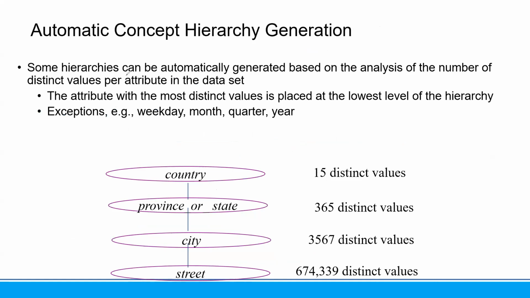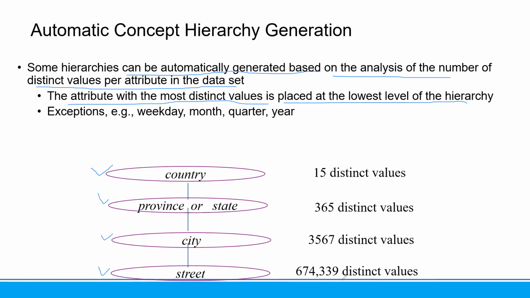Some hierarchies can be automatically generated based on the analysis of the number of distinct values per attribute in the data set. The attribute with the most distinct values is placed at the lowest level of the hierarchy. As we learned before, country is the top, then province or state, then city, and then street.